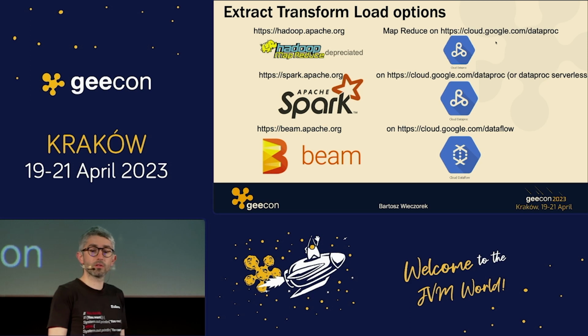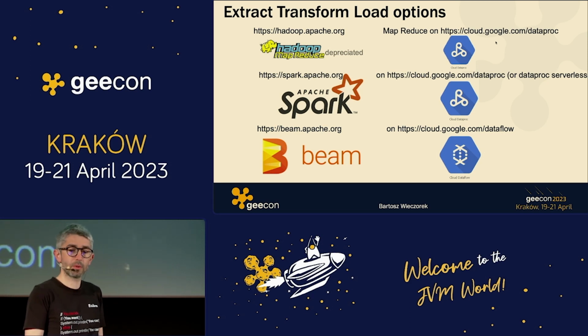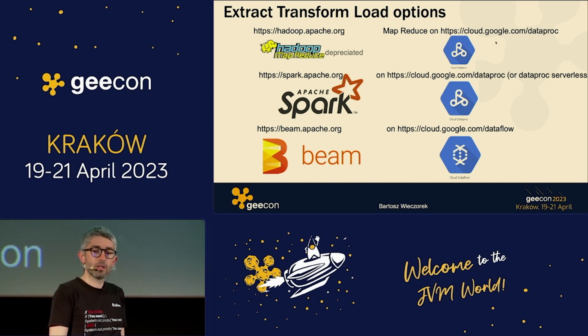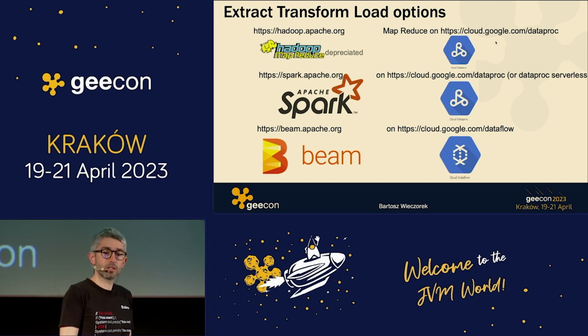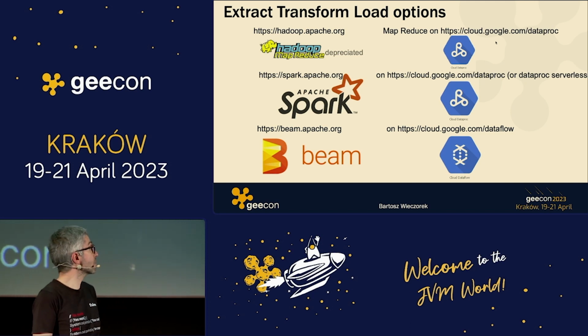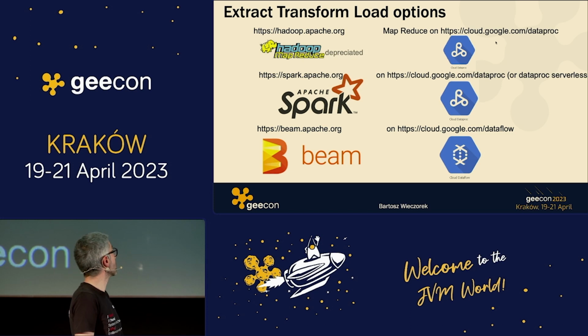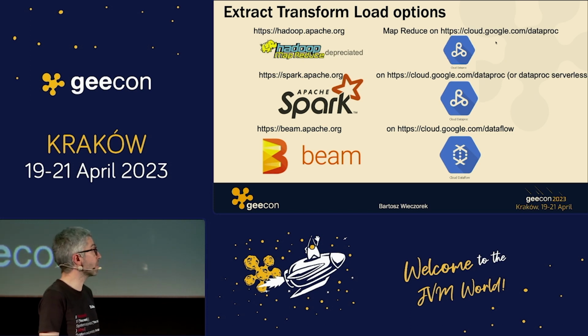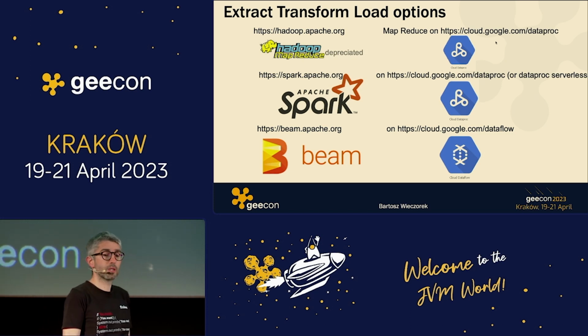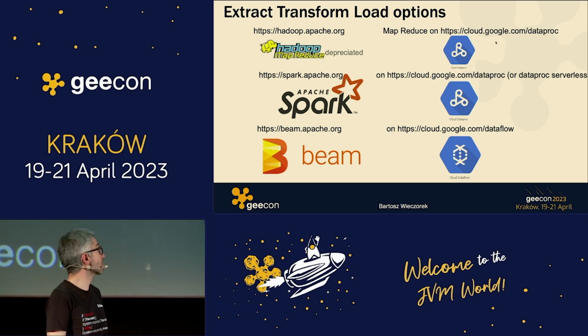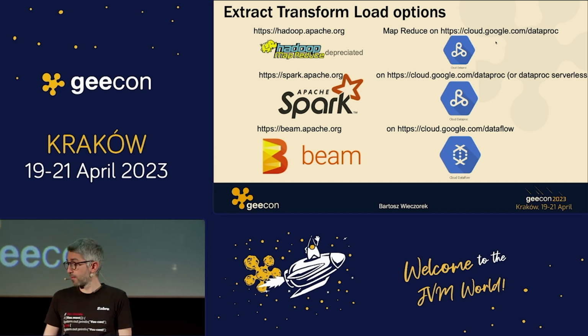You can run them also on GCP, on Dataproc, in standard option, and in serverless as well. But in this talk, I will be using the Apache Beam framework run on Google Dataflow. But again, I will be showing the concepts and principles, and these are not really only specific to Dataflow or Apache Beam.